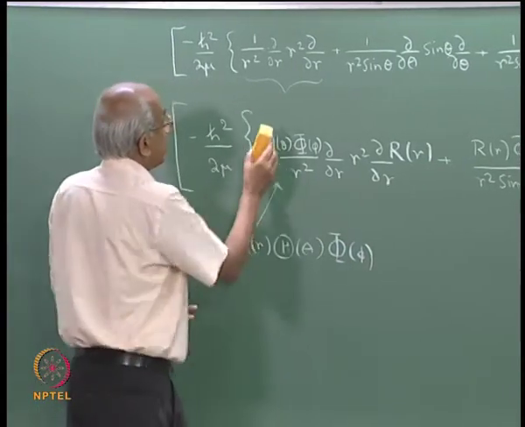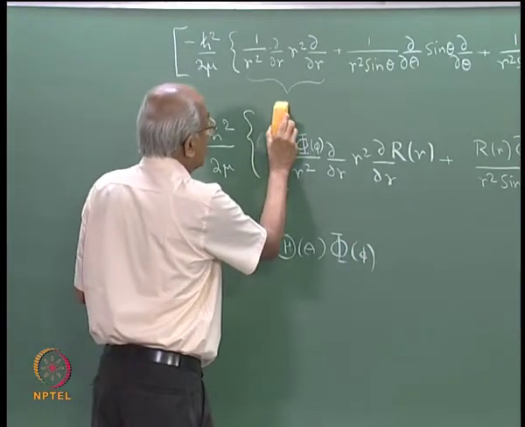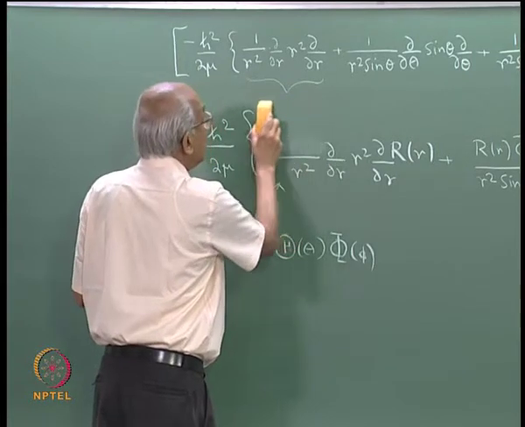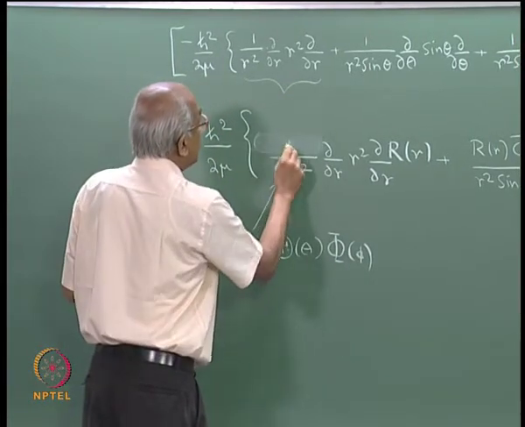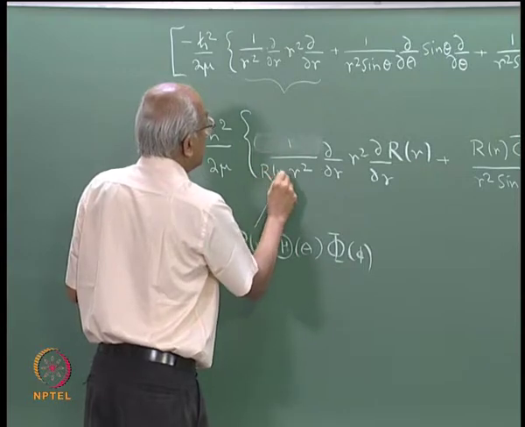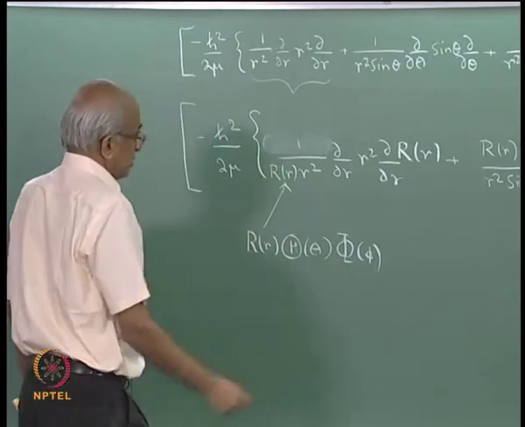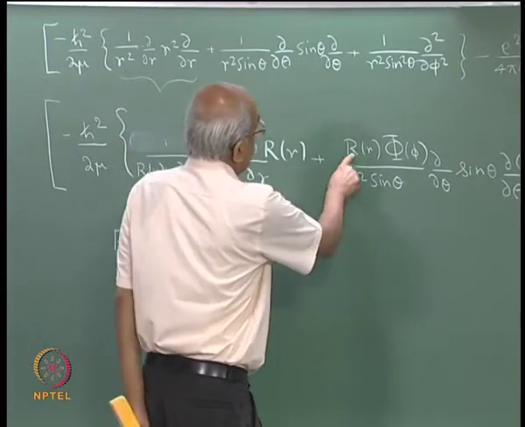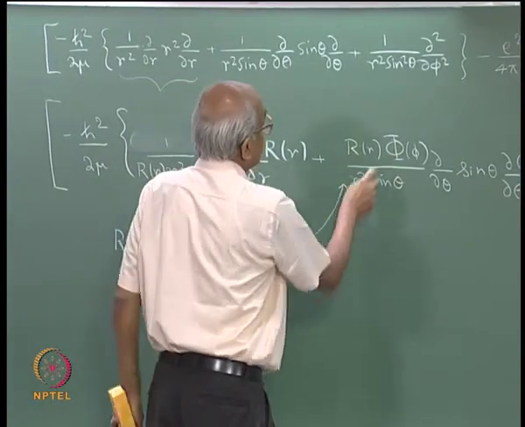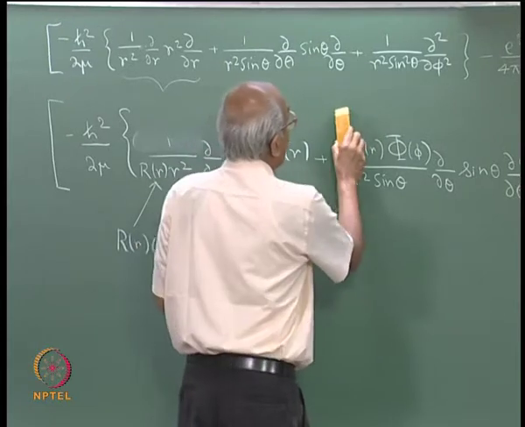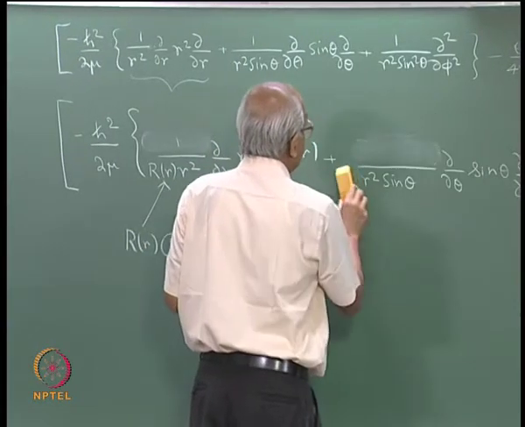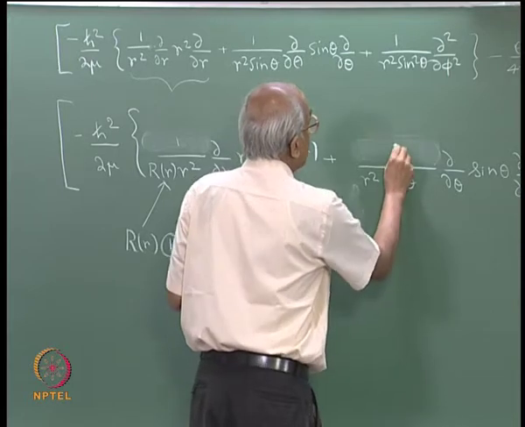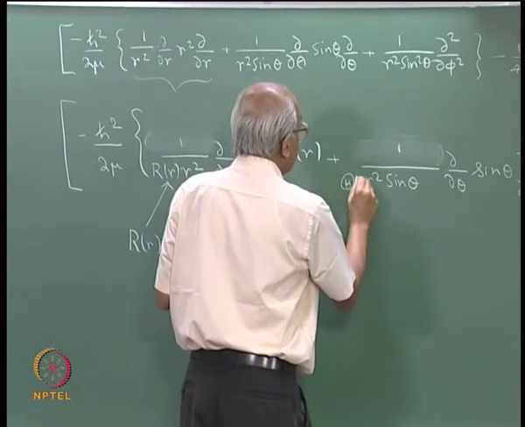So, without writing the equation once more, I will just rub off this and write 1 by capital R of r. The same kind of thing is going to happen here. You have capital R and capital phi in the numerator, they are going to get cancelled, and you will be left with 1 by capital theta of theta.